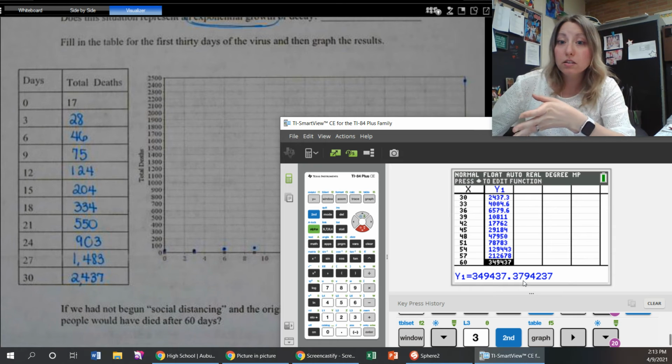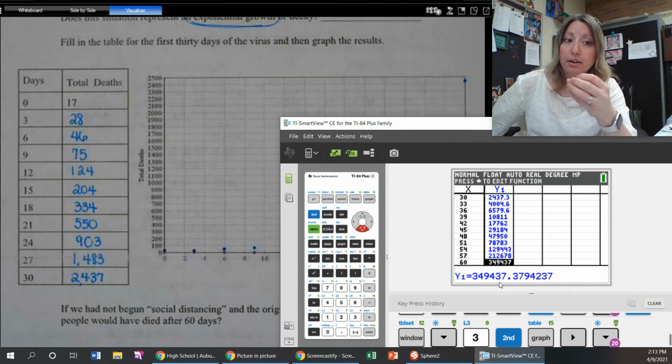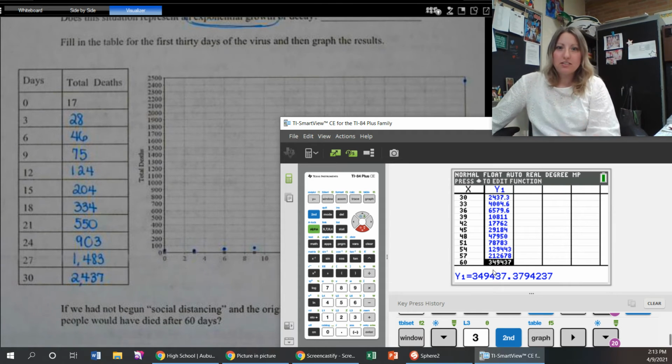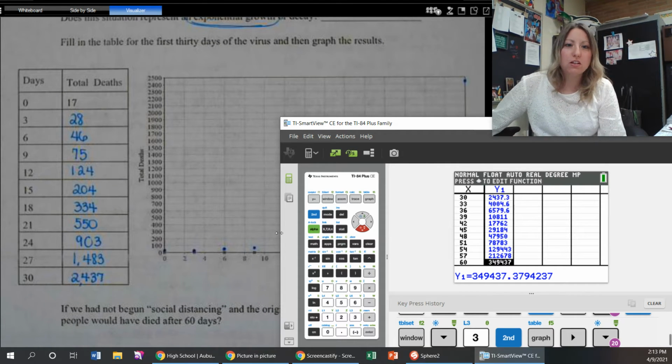And as it is, we have far surpassed that, but not in May of 2020. It took a lot longer to get to that point. But had we not social distanced and changed this equation and trend, here's where we would have been.